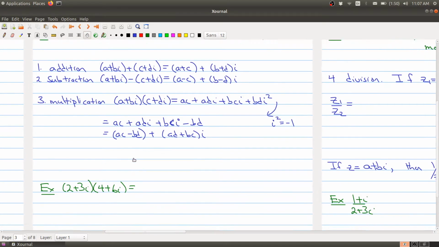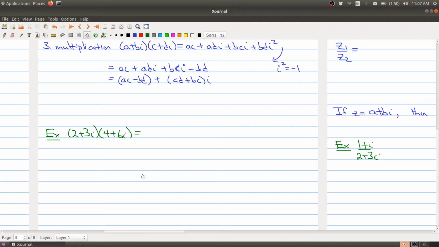I think I have an example right down here, so let's expand it out. You could just jump right to the formula, but how about I write everything out in the gory details. We have 2 times 4, which is 8, plus 2 times 6i, which gives me 12i. Then I have 3i times 4, which gives me another 12i.